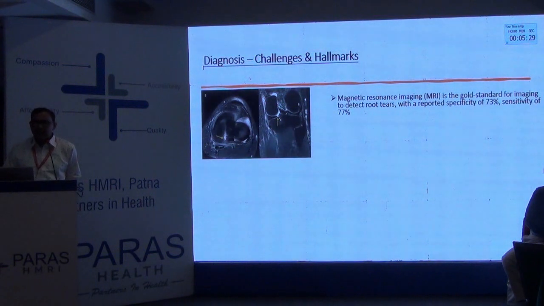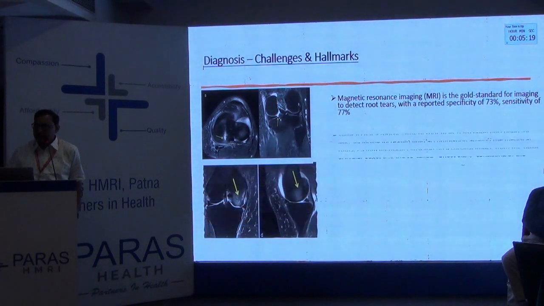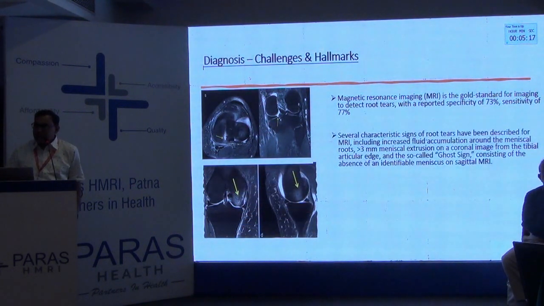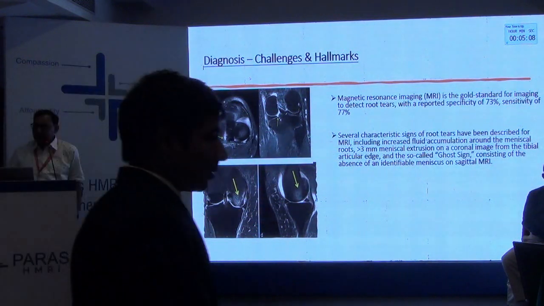So the MRI is not foolproof. It is only 73% sensitive and 77% specific, or vice versa. Some other signs: meniscus extrusion is very important on the coronal image, along with fluid around the tear.